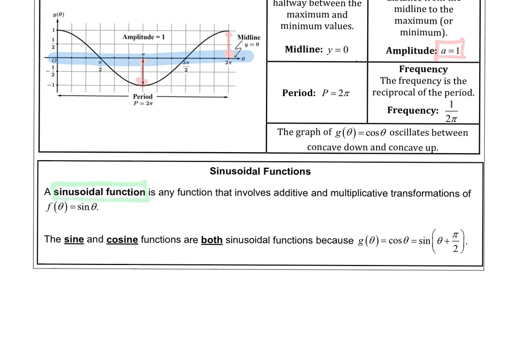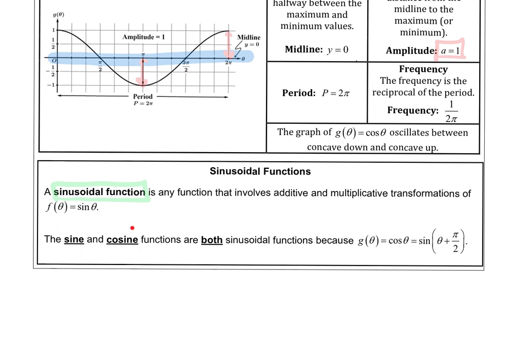And what that means is that any function that involves additive and multiplicative transformations of the sine function can be considered a sinusoidal function. We saw this yesterday when we were doing some shifts of the sine function. We were actually also graphing the cosine function, we just didn't know it yet.